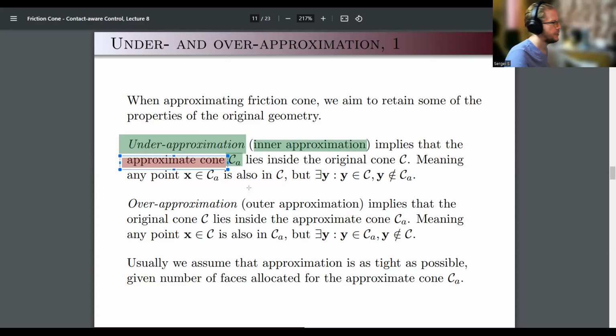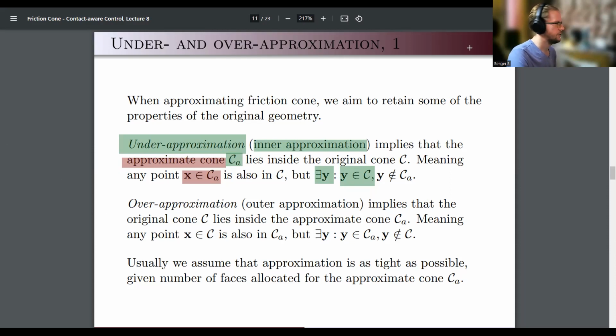Any point in the approximate cone is also in the original cone, but not vice versa. There will be points inside the original cone, such as Y, which would not be inside the approximate cone.